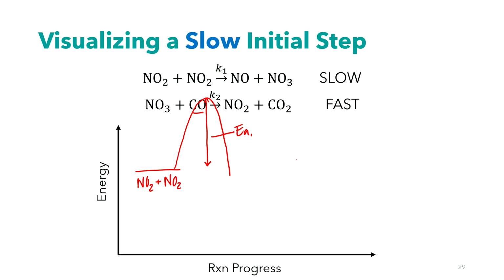Once that happens and I make NO3, and it's sitting there with NO as well, and my CO, once I have this, it's like, oh, that's easy. And then we have a really small activation energy for the second step. As soon as the first step happens, that NO3 reacts with CO, and we get our products, NO2 and CO2.